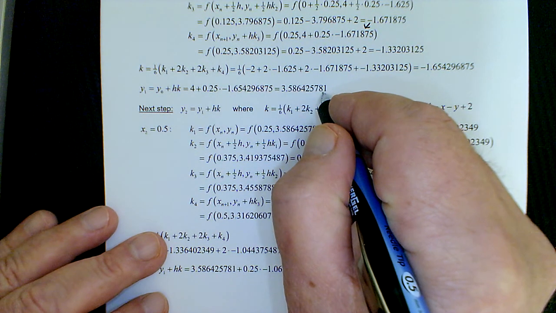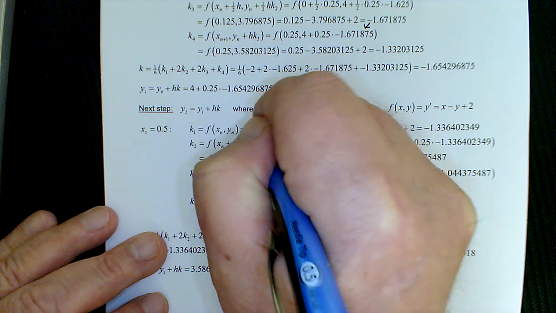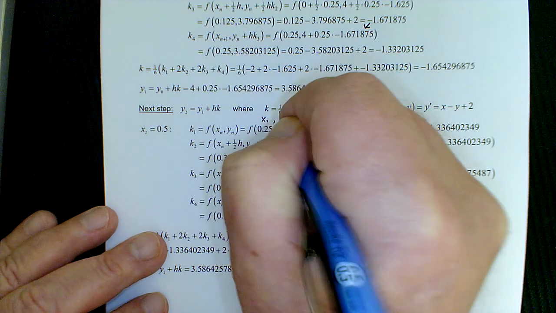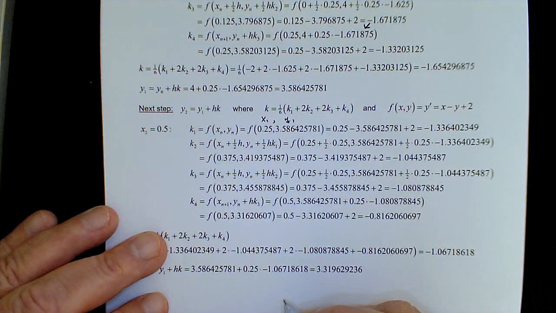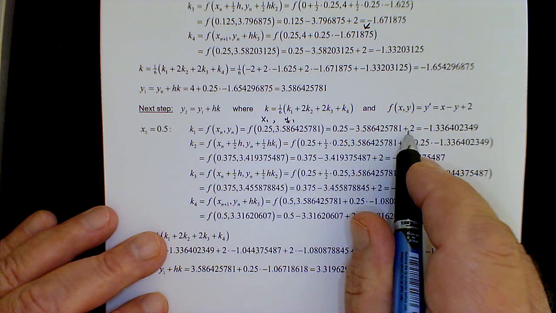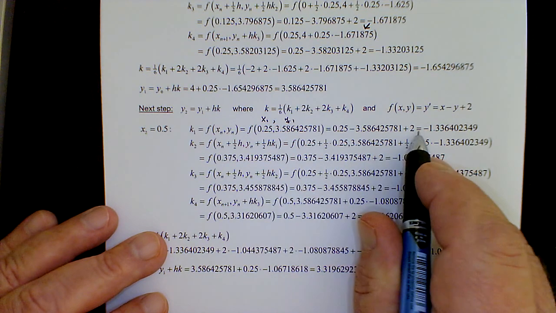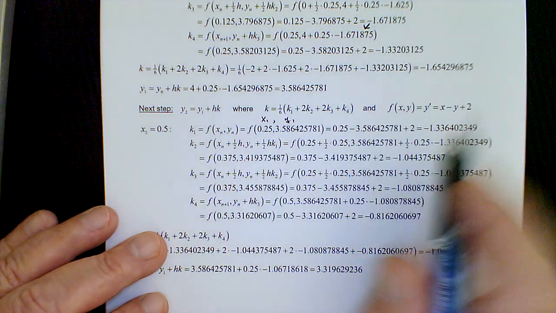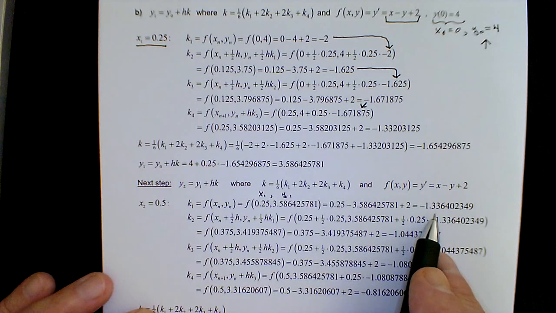So this is x sub 1, y sub 1 if you like. And then again we go to our formula. There's the x minus y plus 2. That's the formula from the top, of course, I was pointing to.